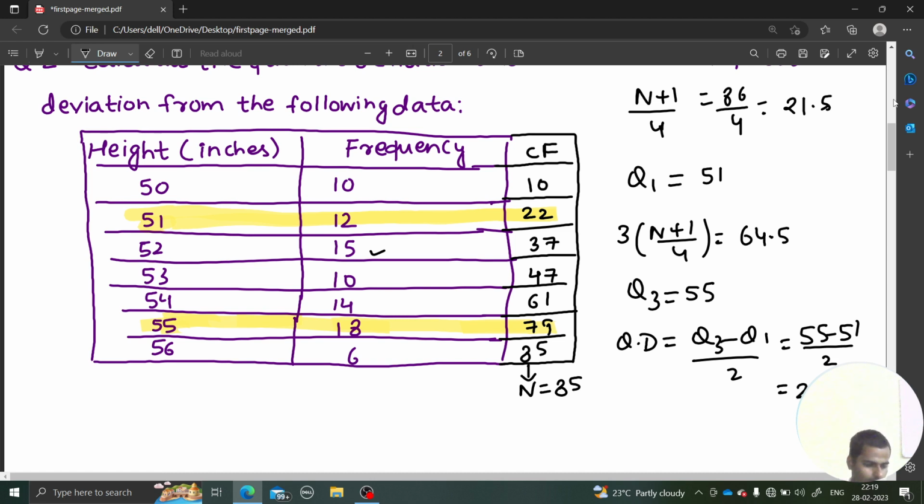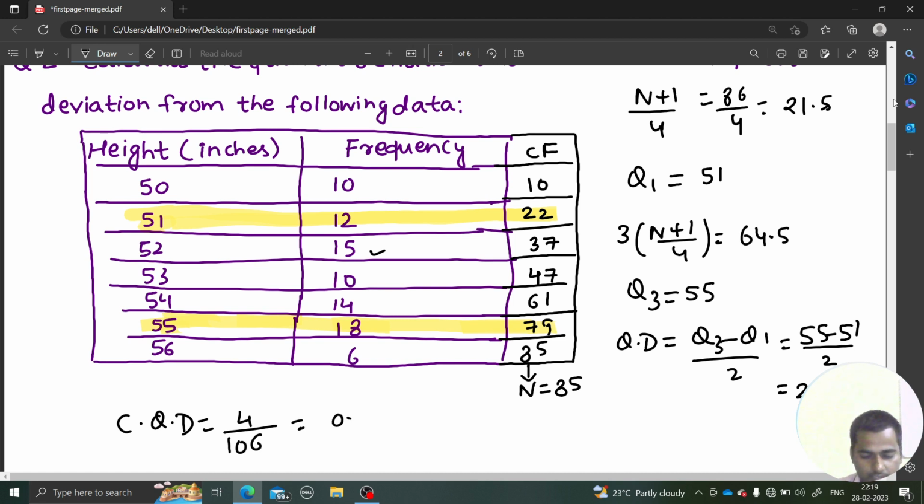2 inches. Okay, now coefficient of quartile deviation, if you want to find, so that will be the difference, which is 4, divided by the sum. Difference is 4, and then it will have 55 plus 51, which is 106.